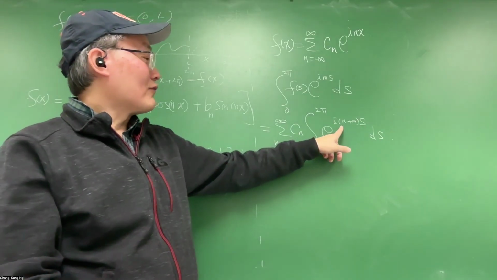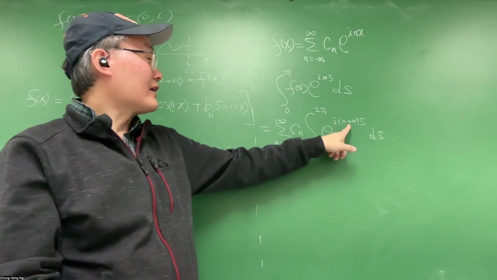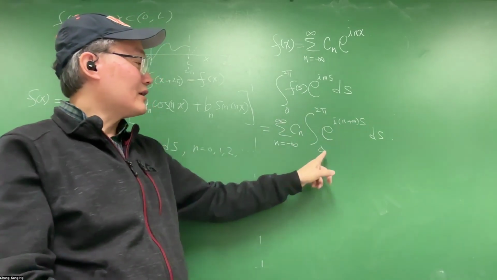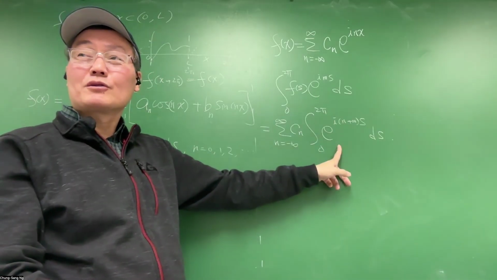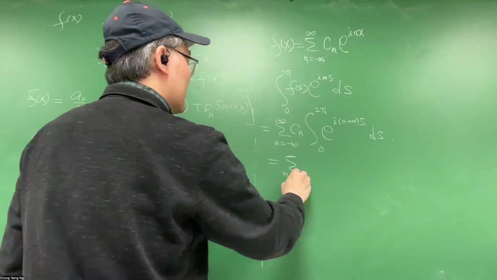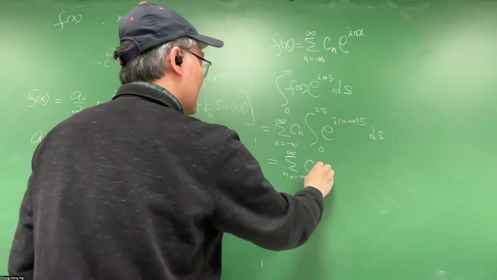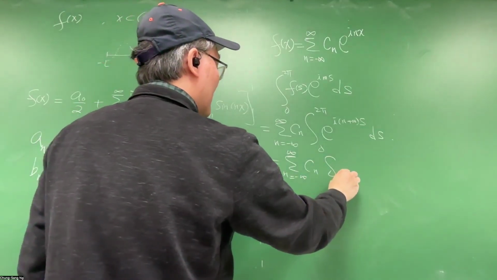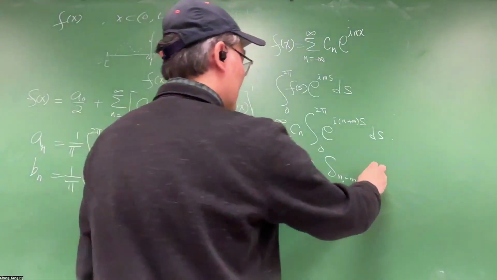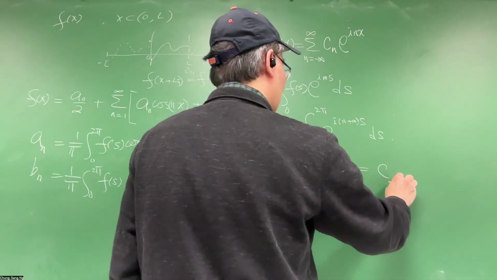And all other terms with finite integer here will be 0, because this is a periodic function. You integrate over one period, and it will totally cancel. So this will be the Kronecker delta of n plus m. Okay, and that will pick out the c sub minus m.